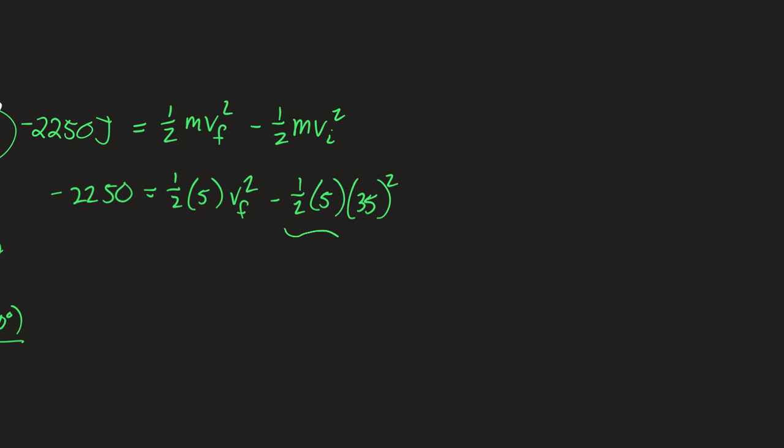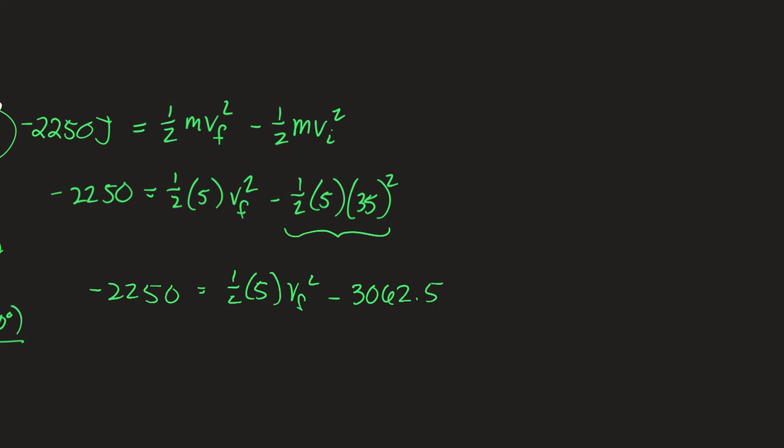Somebody, if you just work this out, can somebody tell me what this is? It's like 3,000 something, right? 3,062? 3,062.5. So this is negative 2250 equals 1/2 m v final squared minus 3,062.5.